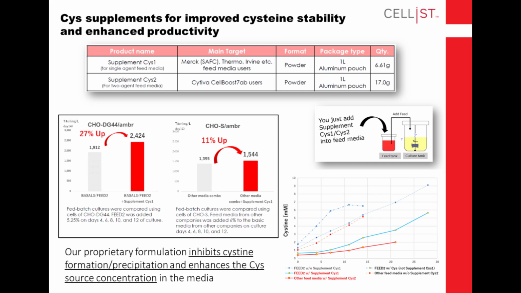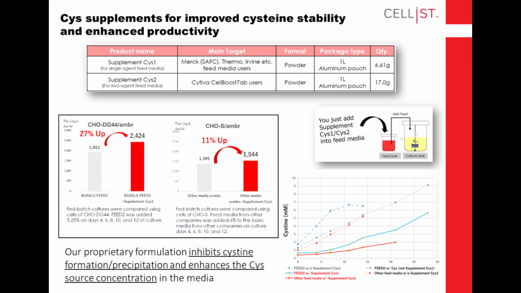Two products that we are releasing soon are Cyst 1 and Cyst 2. Cyst 1 is basically a feed supplement that can be used with any type of feed, with our feed or with other manufacturers' feed. And Cyst 2 is more specifically for a two-agent feed, like Cellbus 7, for example.